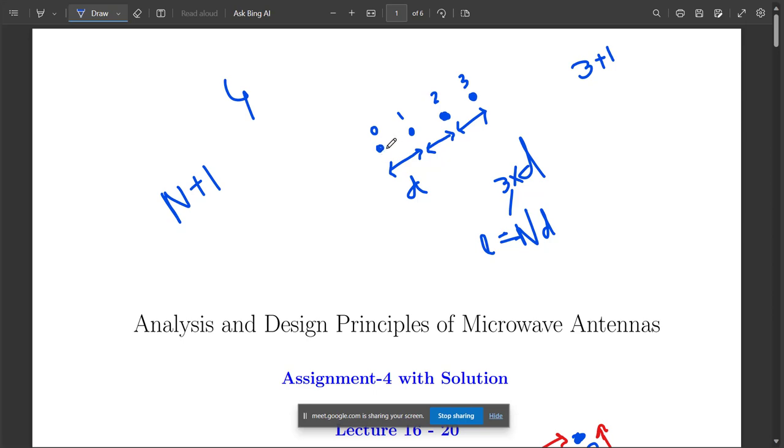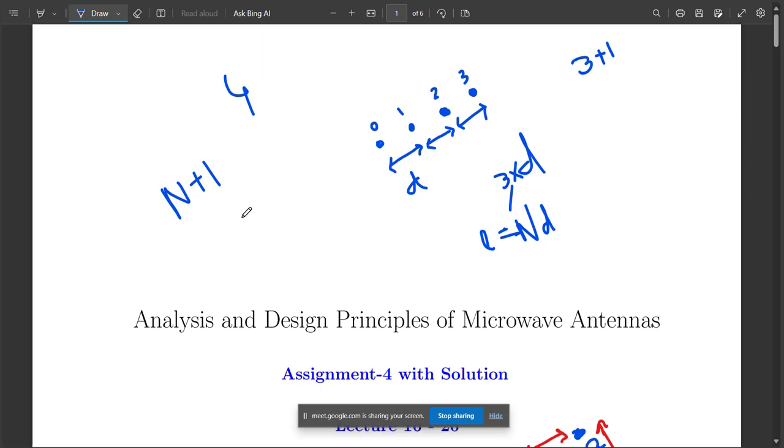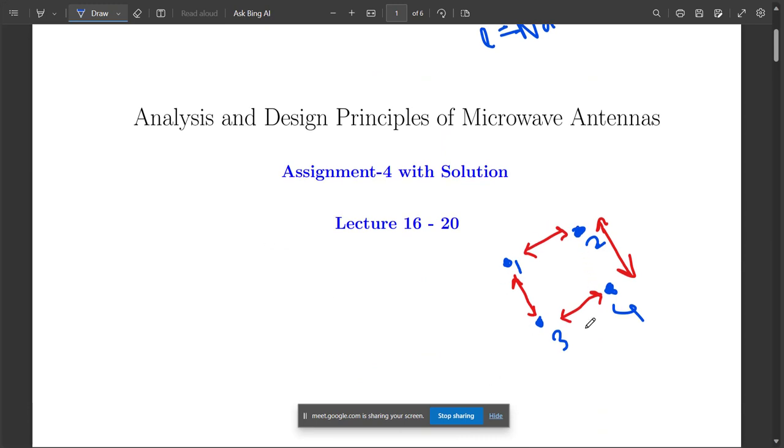If it is kept in linear form, the spacing is 3, but the total number of elements is n plus 1. But if 4 elements are not in linear form, and are kept in a circular-like arrangement, all of them get uniform feed.